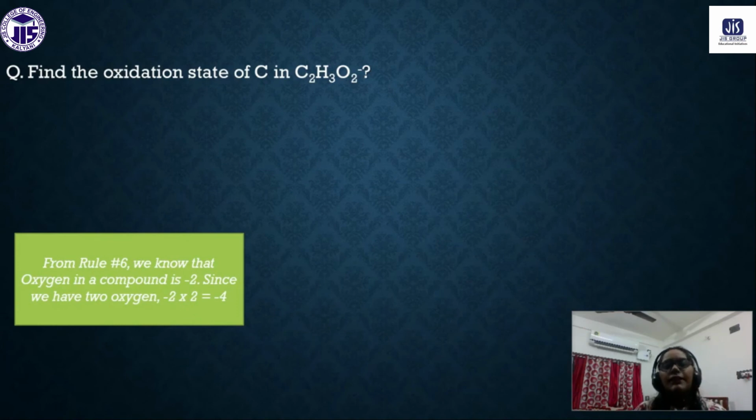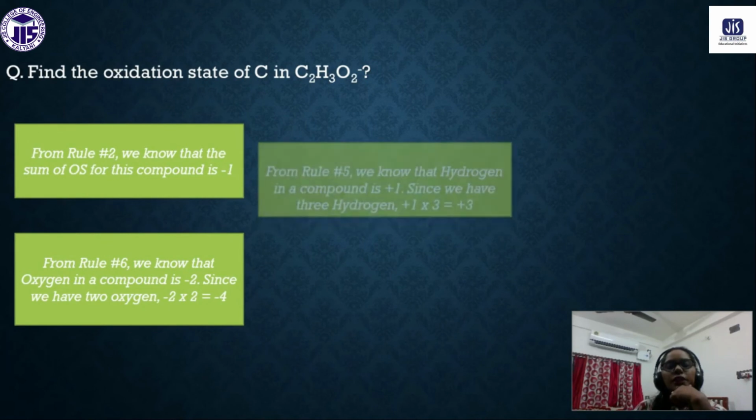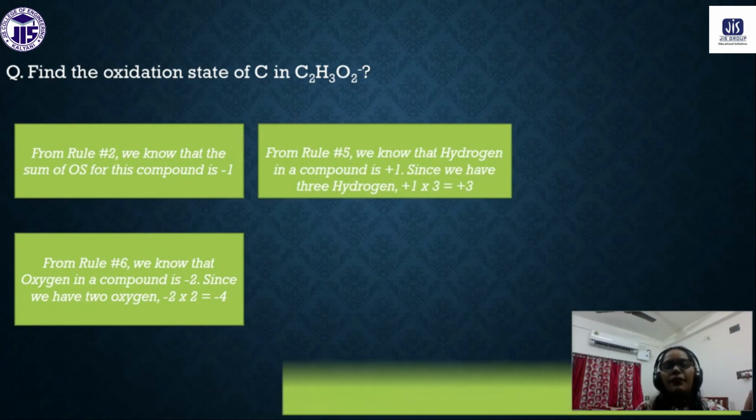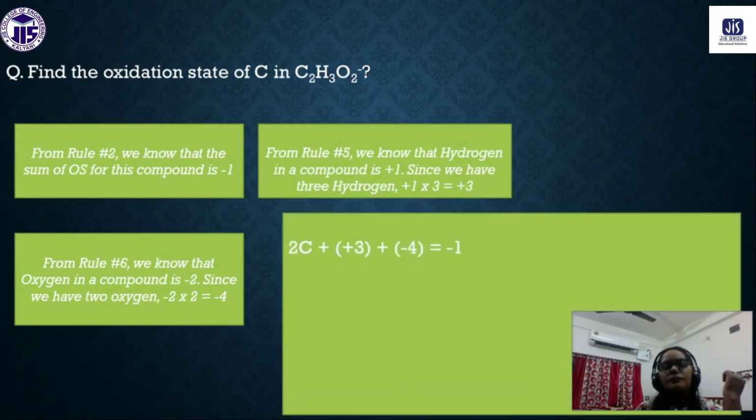Next, find out the oxidation state of carbon in this compound. So here we have to follow rule number 2, rule number 5 and rule number 6. So we have 2 carbon atoms, look here, 2 carbon atoms.